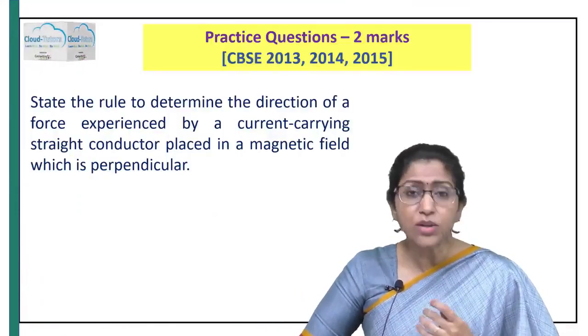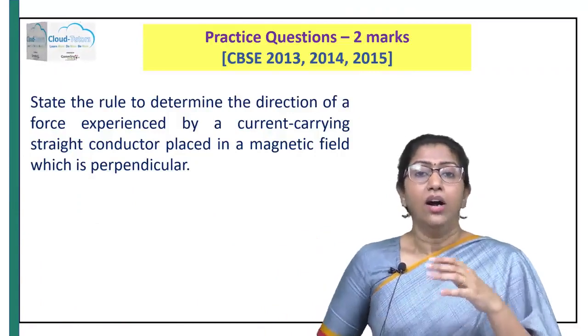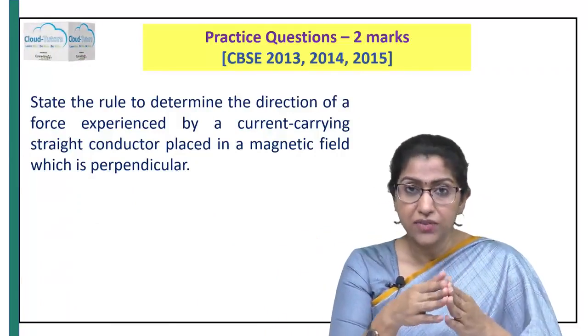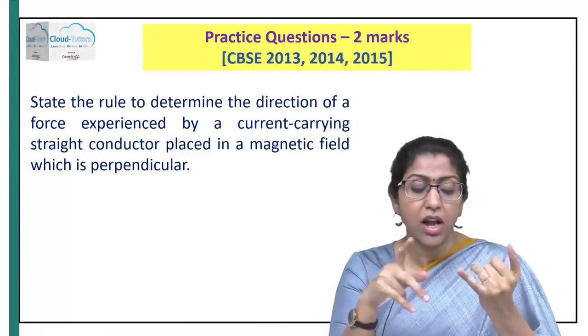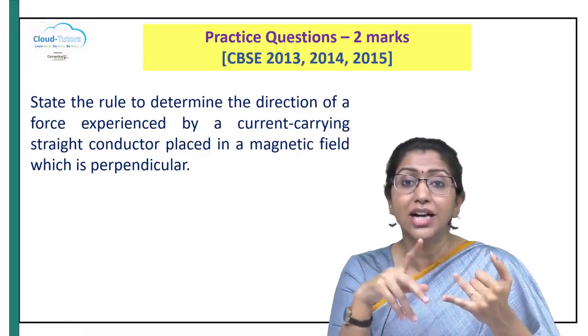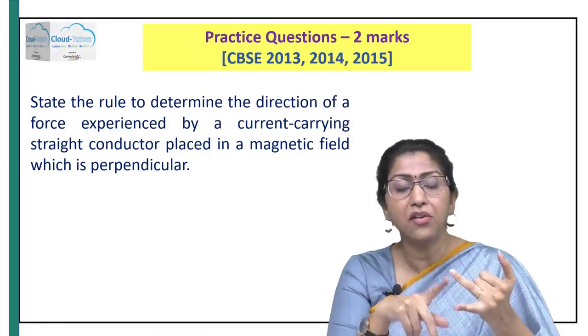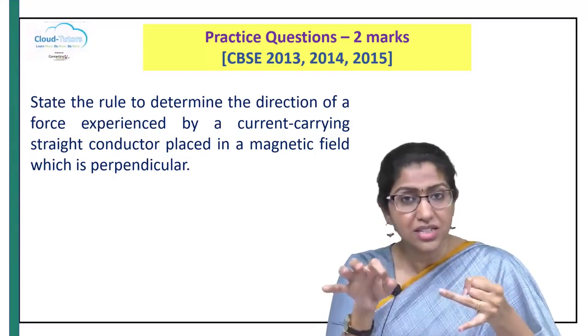Alright, so let's try and answer one or two practice questions. When it comes to long answer questions, as we have discussed in the beginning of this session and the previous session, they are usually based on the construction and working principle of your electric motor and electric generator in this chapter.